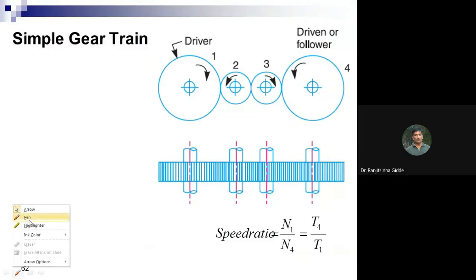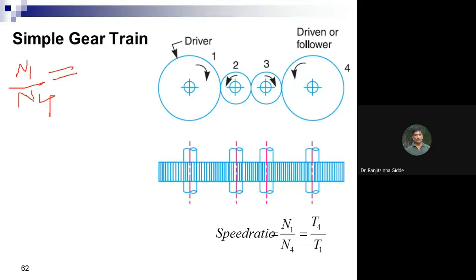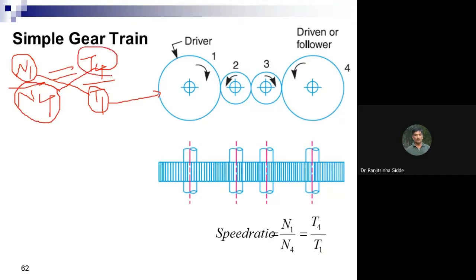So what we are going to see here, I'll write here n1 upon n4 is equal to T4 upon T1. Now this n1 and this T1, these are related to the driver. This n4 and this T4 are related to the driven or the follower.